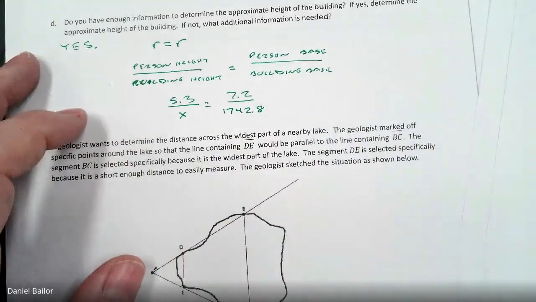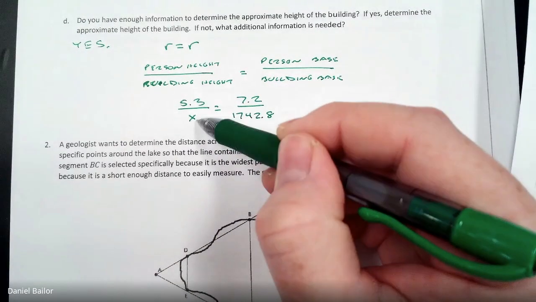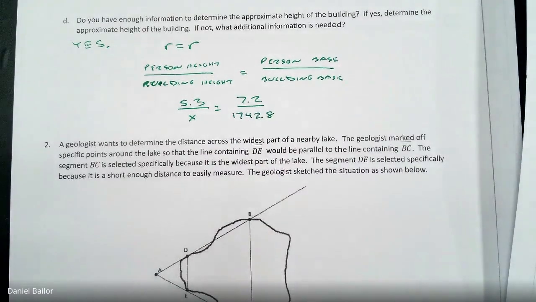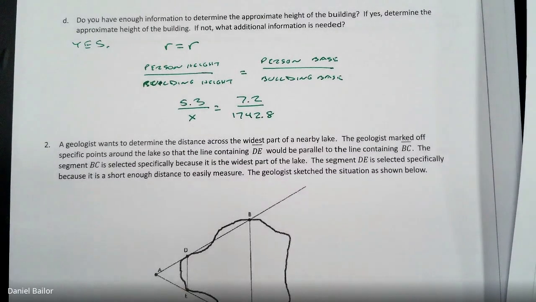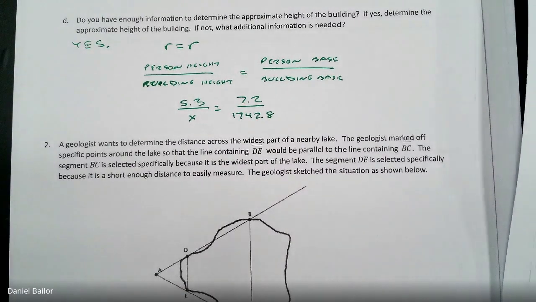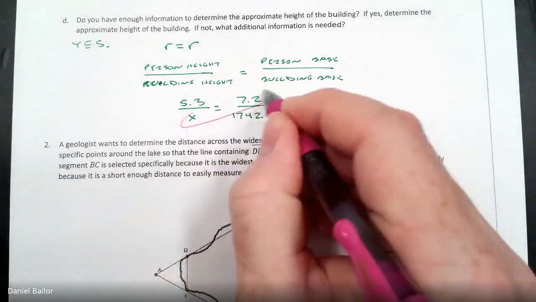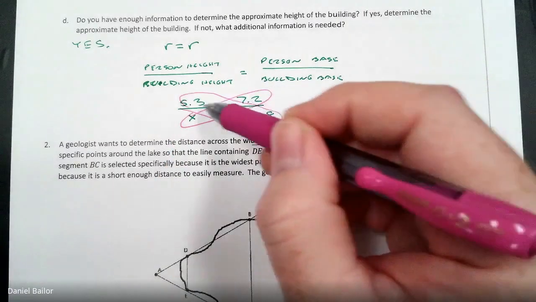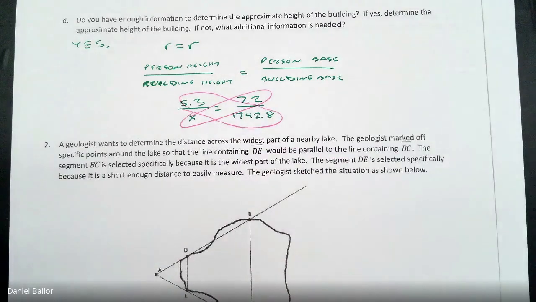Because we know the small triangle pieces and the big triangle pieces, we can use these to find the building height. We're just finding the missing piece. And once again, we do this by cross multiplying. The pieces we know help us find the piece that's missing.